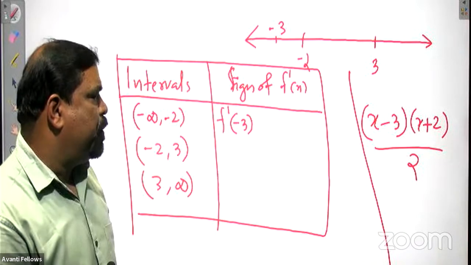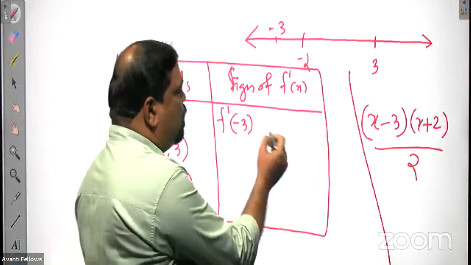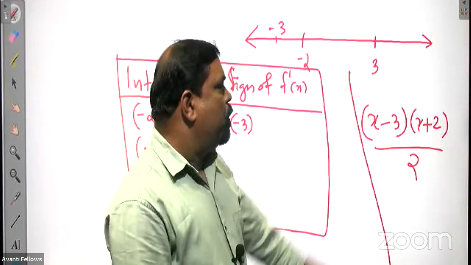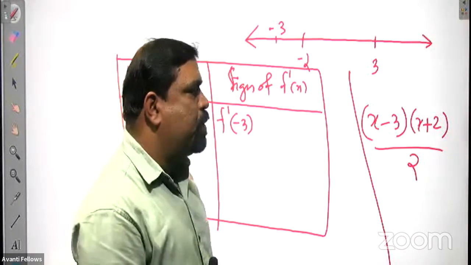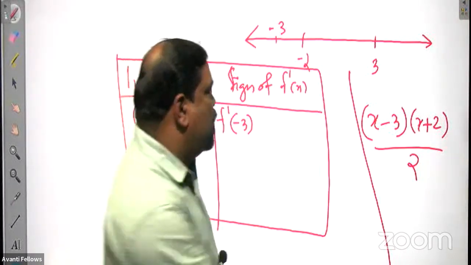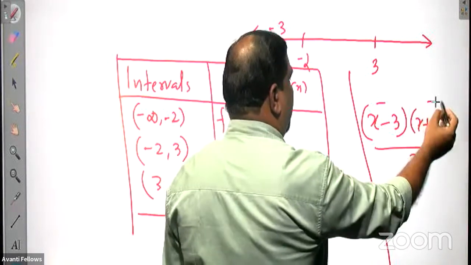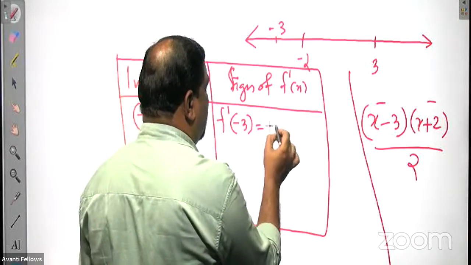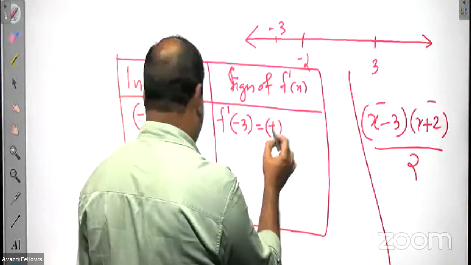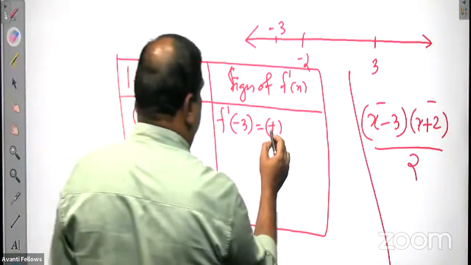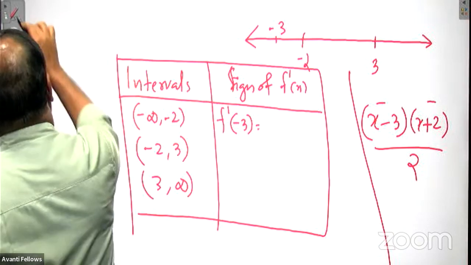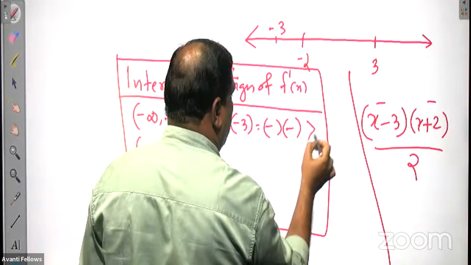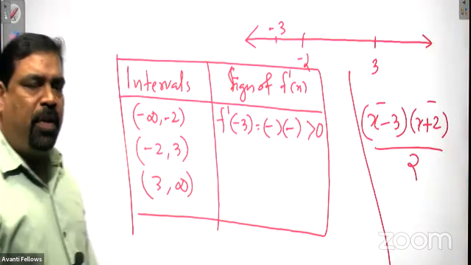Minus 3 minus 3 means minus 6, which is negative, into minus 3 plus 2, which is negative 1. So this is negative and this is also negative. Anyway, we need the sign only. The first factor is negative and the second factor is also negative. Negative into negative means ultimately the derivative is positive.